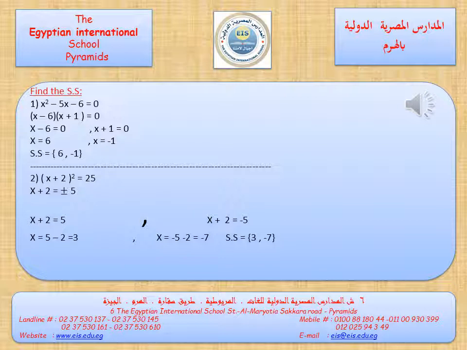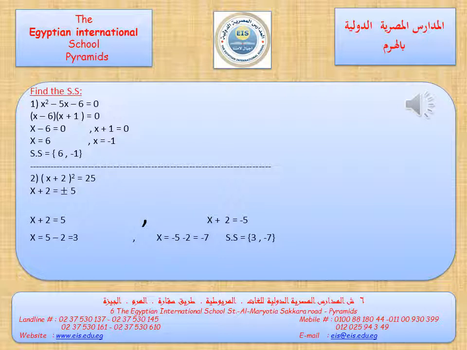x plus 2 all power 2 equals 25. In this example, x plus 2 all power 2 equals 25.